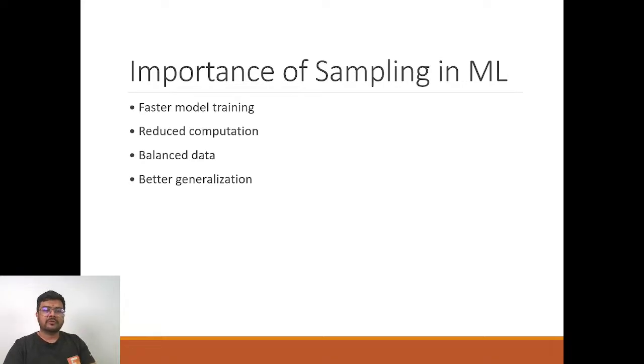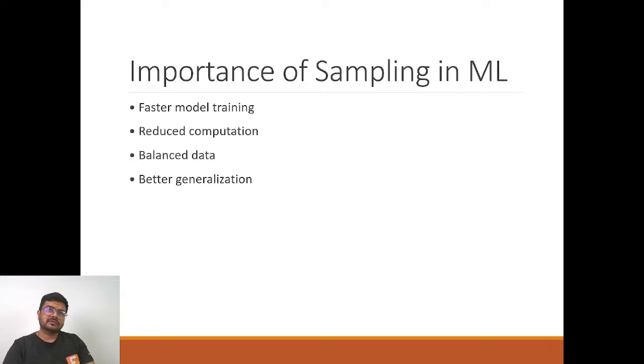First is faster model training. Whenever the sampling is correct, if we do accurate sampling, or we sample all the important points, we can train our model in a faster way, right? It also reduces computation.